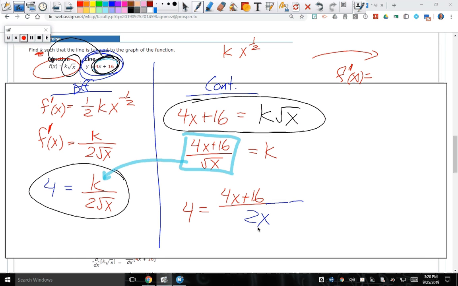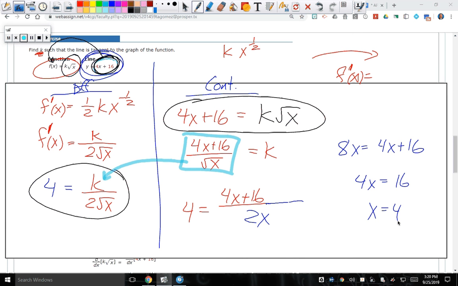And we can do what Omar was suggesting with that other equation earlier. Right now, we can multiply both sides by what? 2x, right? So we'll get 8x, 4x, 16. Subtract, divide.